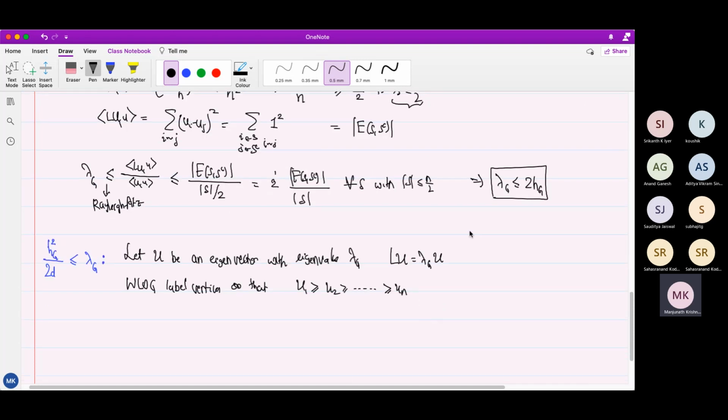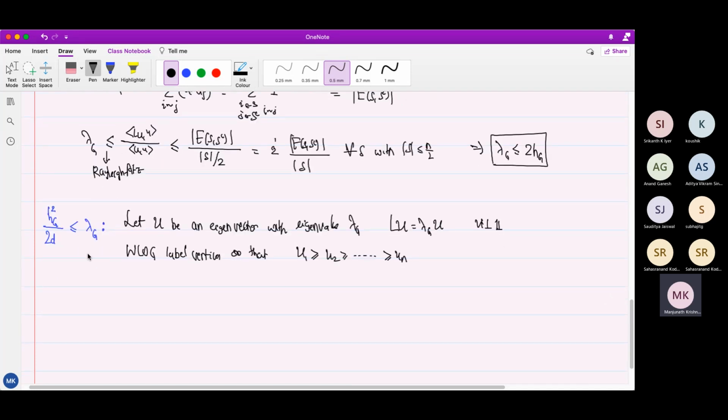By the way, U is going to be orthogonal to the first eigenvector. That is also clear, since eigenvectors are orthogonal. We remove the disconnected case and only worry about the connected case, which is the only interesting part. So this is a distinct eigenvalue, U is orthogonal to the all-ones vector, and you relabel the vertices so that this happens.